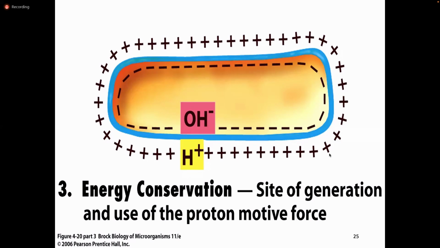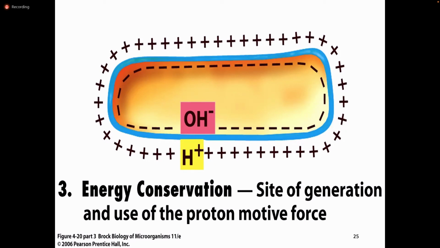This proton potential means that the outside has more hydrogen ions and the inside has more hydroxide ions. The outside is more positive and the inside is more negative. So it creates an electrochemical gradient.